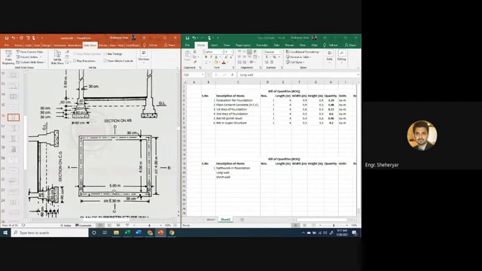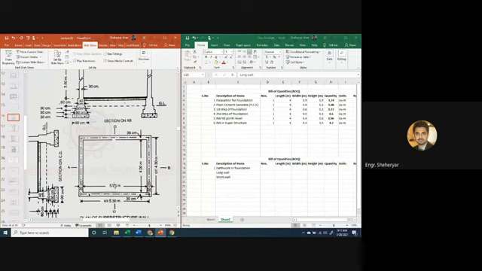Now the interior dimensions of this plan view are given as 5 meters cross 4 meters. So the first step will be to convert these dimensions into center to center distance. The wall thickness is 30 centimeter.